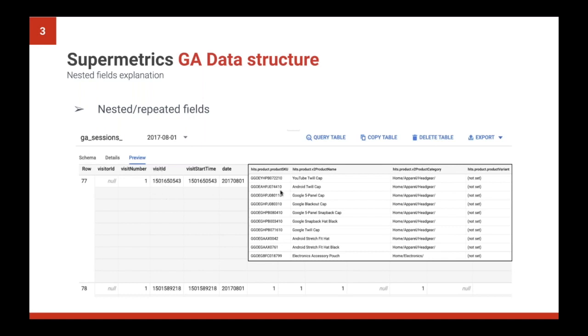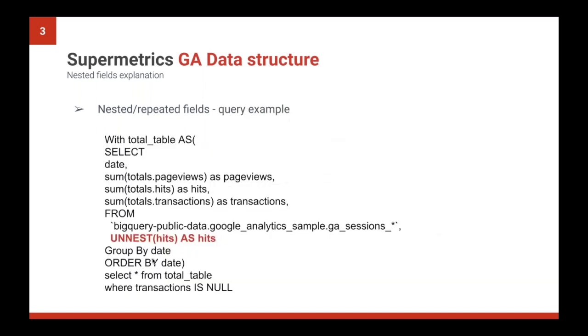So we have a line per product, but we don't have a visit ID stored for every product bought. In BigQuery, they don't think it's necessary to store it for every product. We just associate this small mini table with this big table and with this line. So this is called nested fields. If you work with this kind of tables, you need to take it into consideration when you work with your queries.